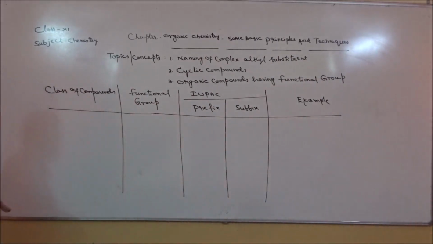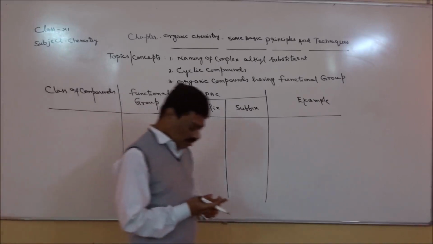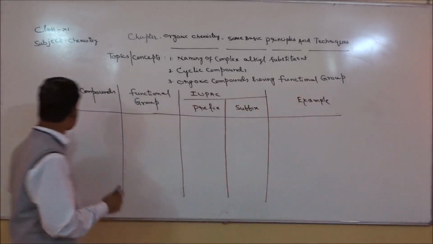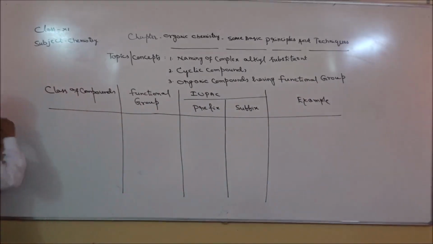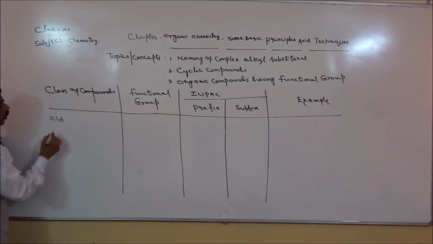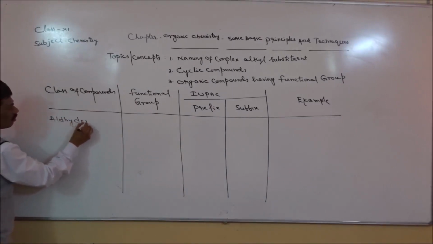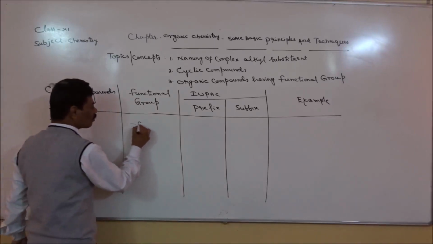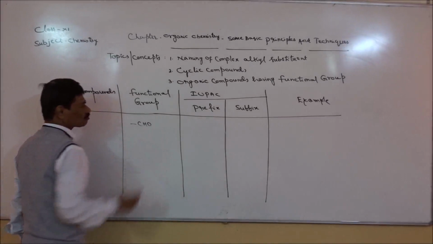Now we'll move to carbonyl compounds. Aldehydes and ketones, together known as carbonyl compounds. Among them, the first one, let us see aldehydes. The functional group is CHO.